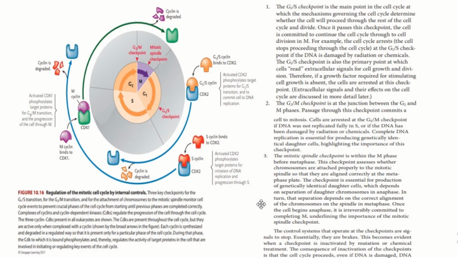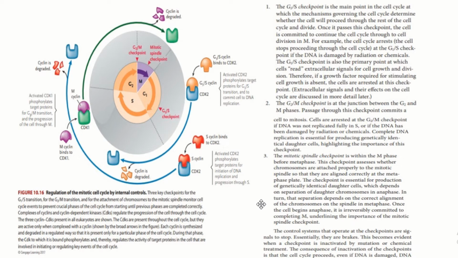Each cyclin is synthesized and degraded in a regulated way so that it is present only for a particular phase of the cell cycle. During that phase, the CDK to which it is bound phosphorylates and thereby regulates the activity of target proteins in the cell that are involved in initiating or regulating key events of the cell cycle.